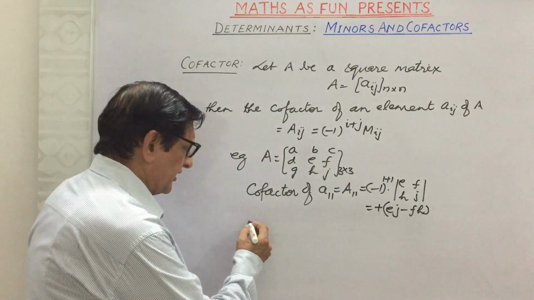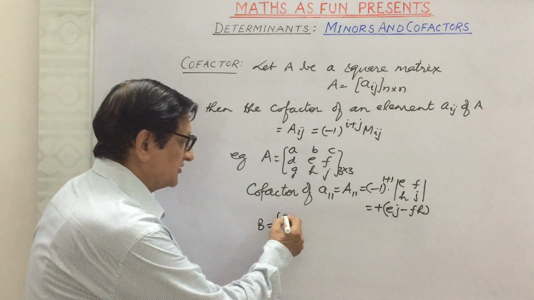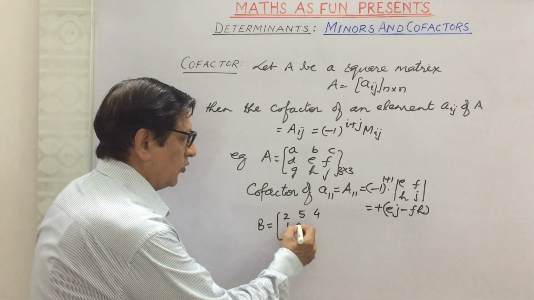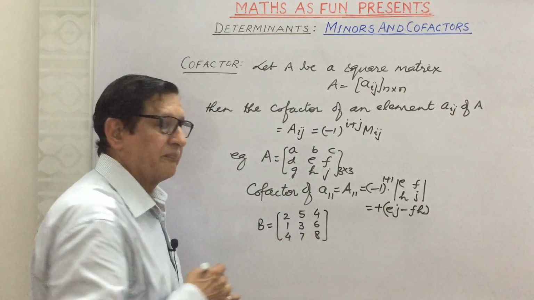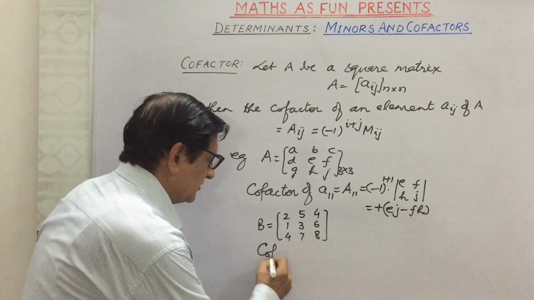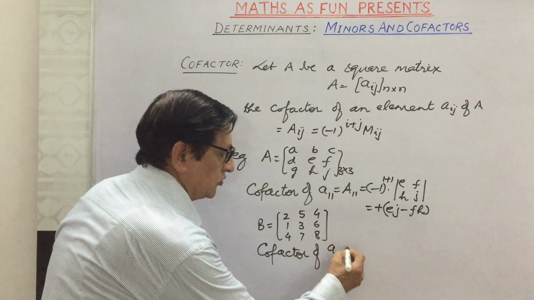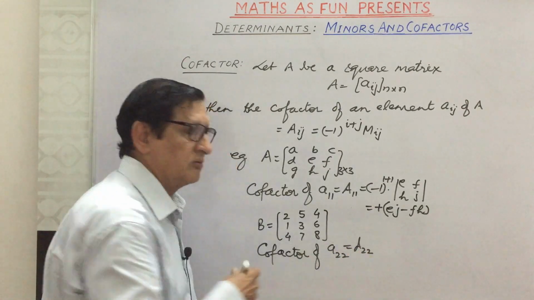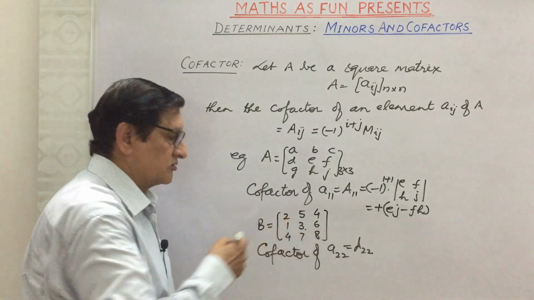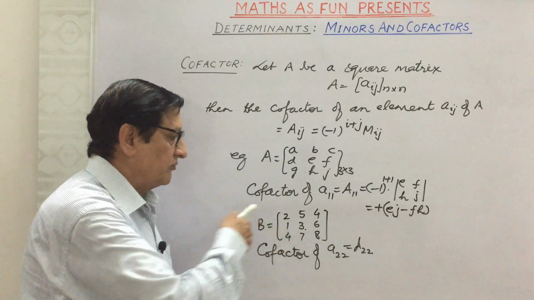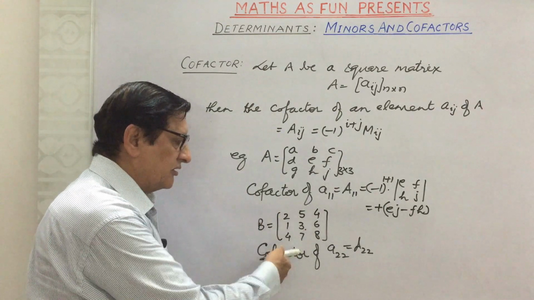Let's take a numerical example here. Suppose we have a matrix B. The elements in this are 2, 5, 4, 1, 3, 6, 4, 7, 8. And we want to find the cofactor of A22. That will be represented by capital A22. Here i is 2, j is also 2, and that element is 3. In that case, we will leave the second row and the second column.